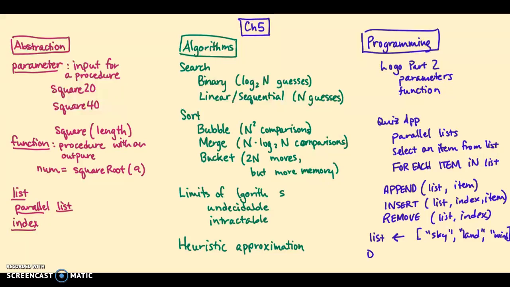And then if you ever want to pull an item out from the list, just one of the items, you use your square brackets to indicate which item you'd like to display. So if you want to display land, you would do list and then square brackets with a 2. And so that's how you use pseudocode with the list for programming. So that's a summary of Chapter 5. That's what you did in this chapter.